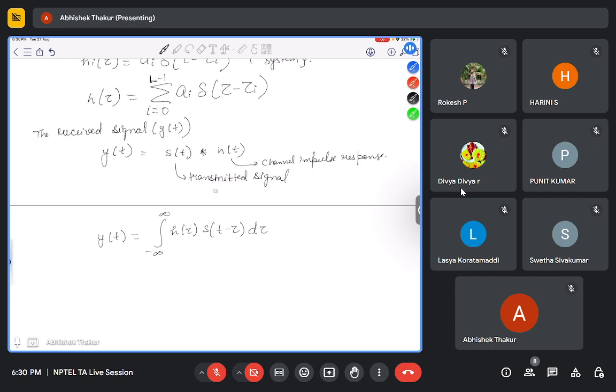Now we will use the h(tau) that we found in equation 1.